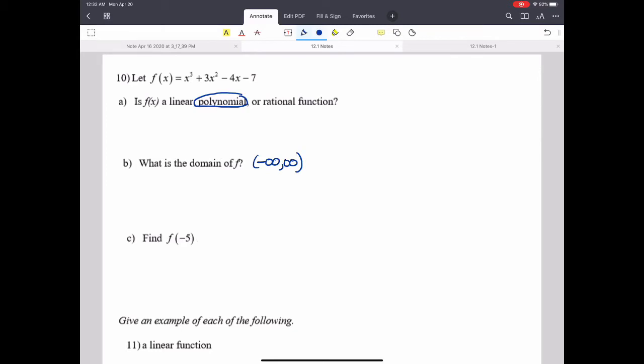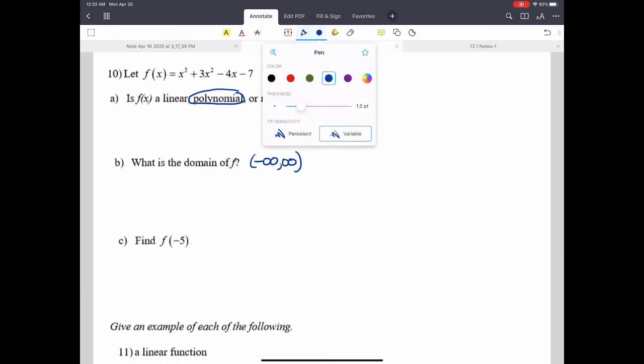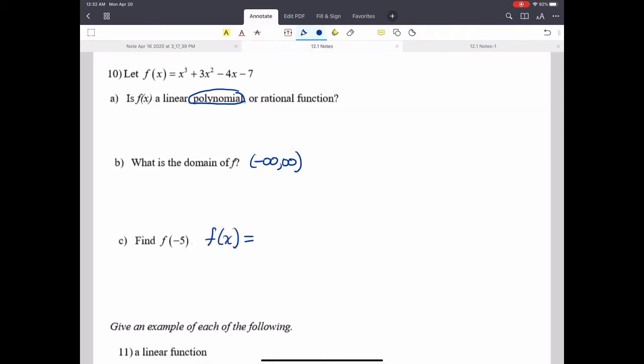We want to find f of negative 5. So f of negative 5 is going to be a matter of taking that f of x equation and then plugging it in. I'm going to put parentheses wherever I see an x.